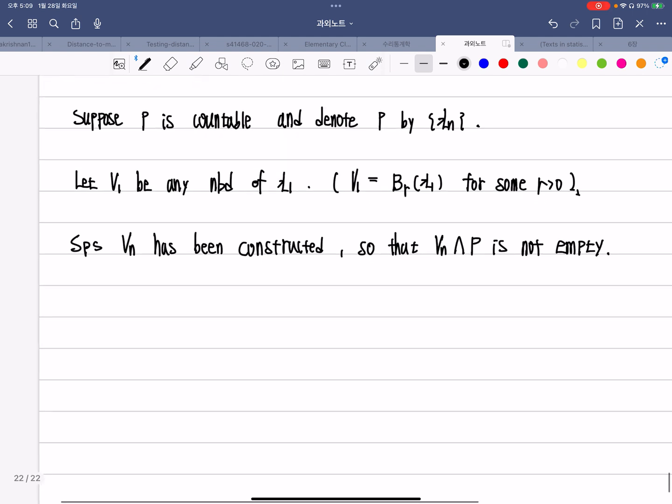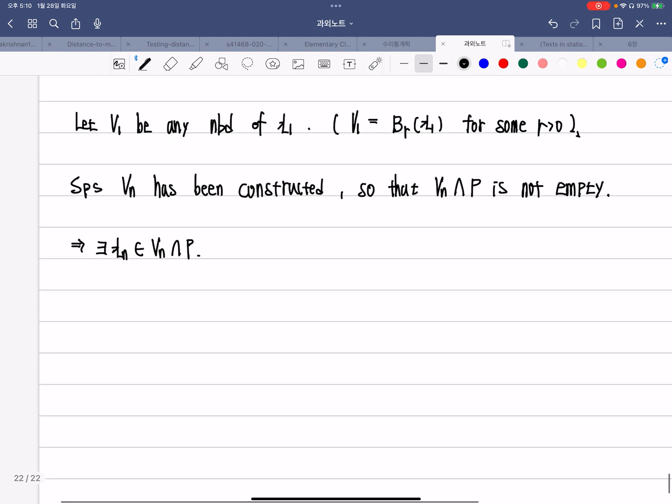Okay. There exists an element Xn, right? Because this set is not empty. There is an element Xn in this set.